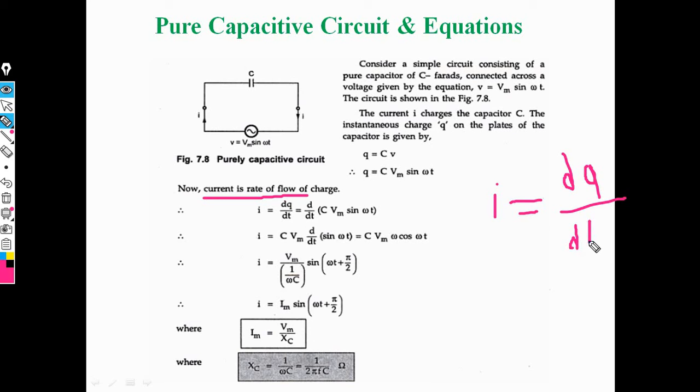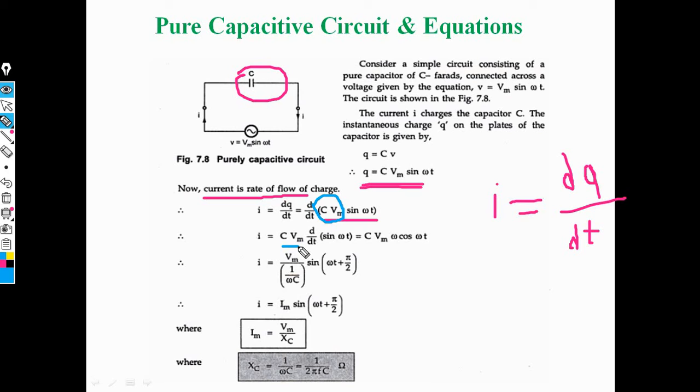Now this is the formula with respect to the capacitor. The charge is Q equals C into Vm sin omega t. The capacitor value and the maximum voltage are constants, so they are taken outside the derivative.